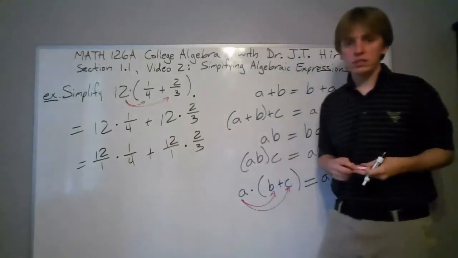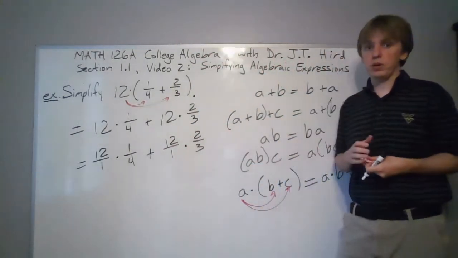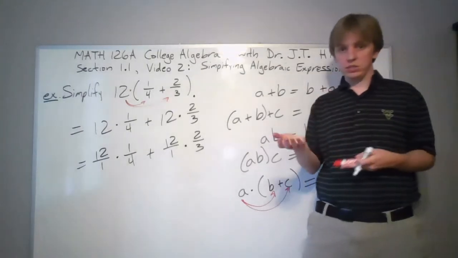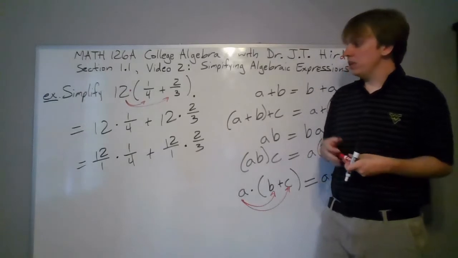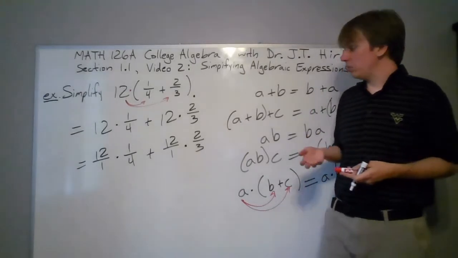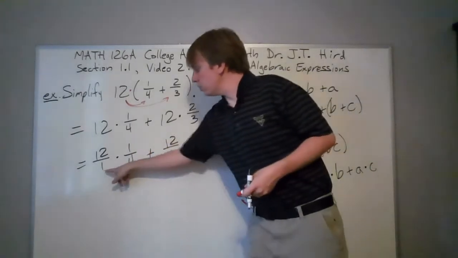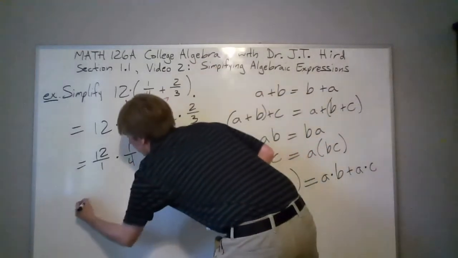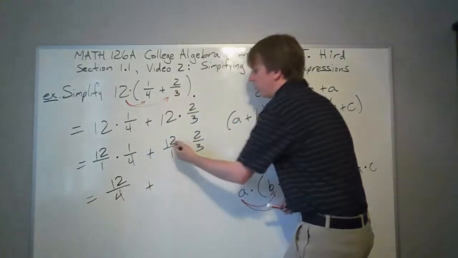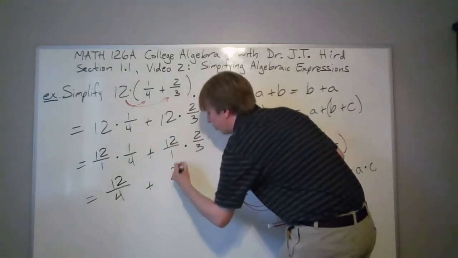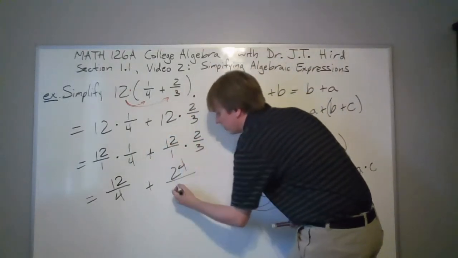Twelve divided by 1 is the same thing as 12 itself, so we can always write a whole number as a fraction. And then rules of multiplying fractions say you just multiply the tops and you multiply the bottoms. So 12 times 1 and 1 times 4 would give me 12 on top and 4 on bottom. 12 times 2 would be a 24 on top, and 1 times 3 would be a 3 on bottom.